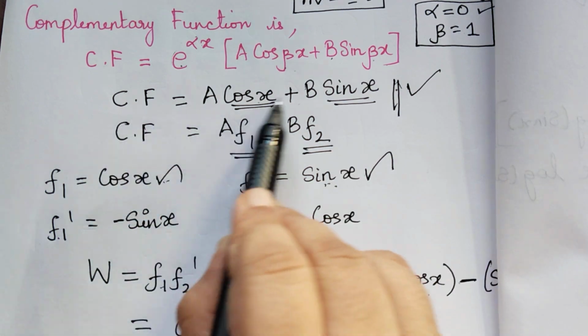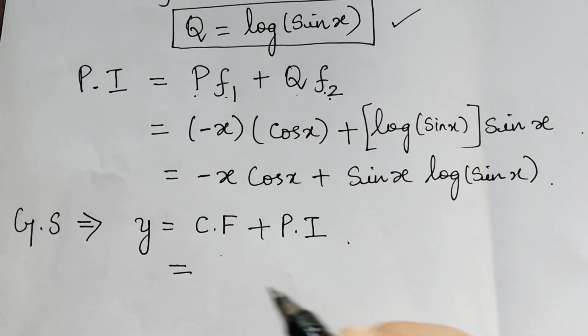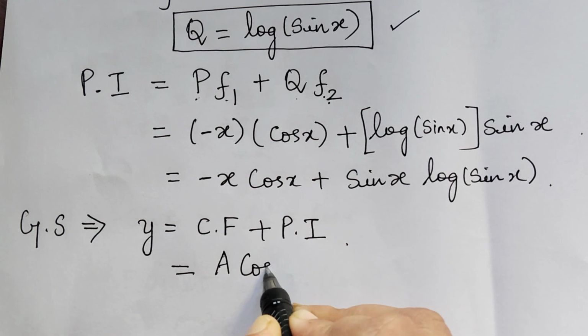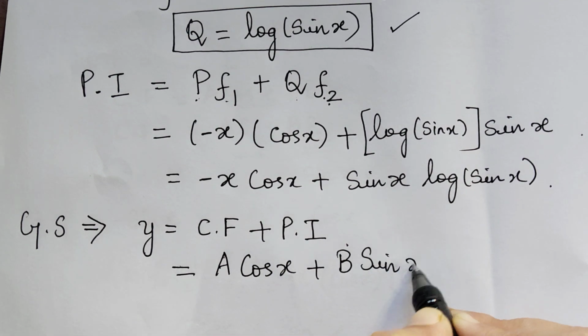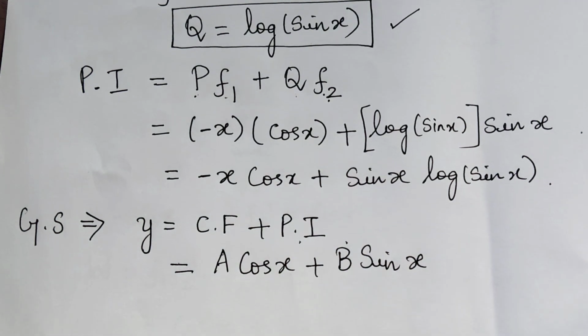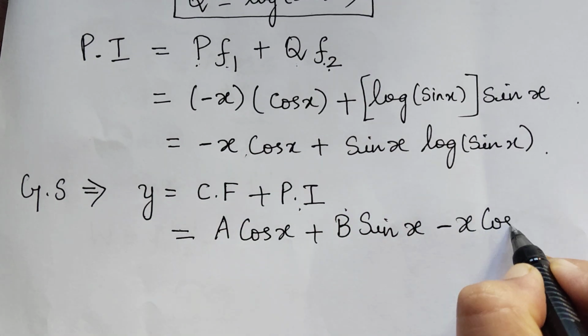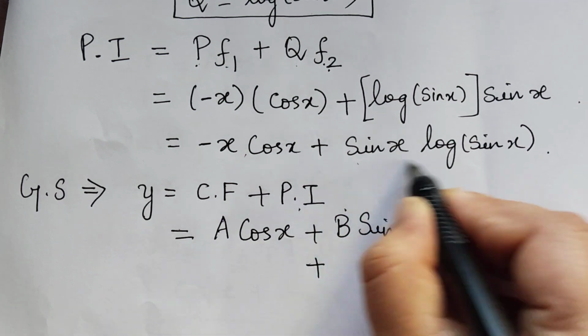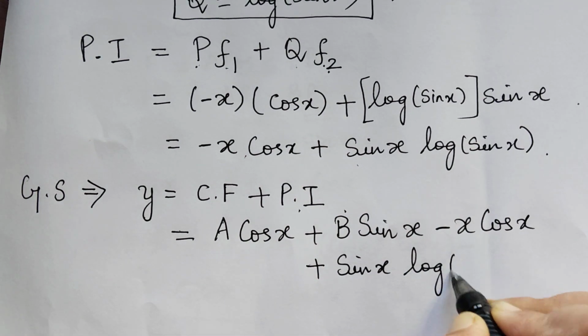So let us substitute this complementary function over here: a cos x plus b sin x. And then we have to add the particular integral, negative x cos x plus sin x logarithm of sin x.